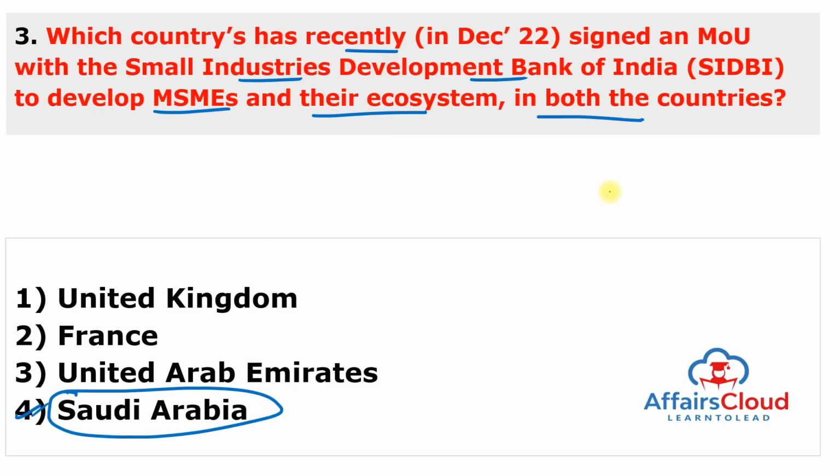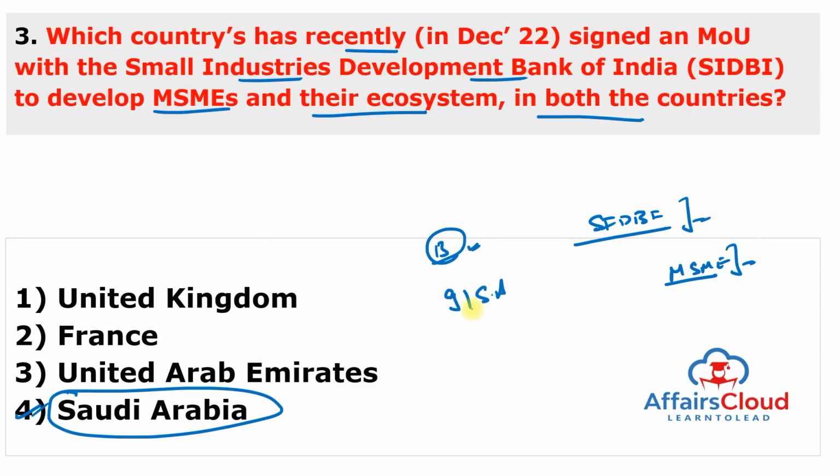So an MOU has been signed between the SIDBI or Small Industries Development Bank of India and the Small and Medium Enterprises General Authority of the Kingdom of Saudi Arabia to develop micro, small and medium enterprises and their ecosystem in both the countries. It is a part of the bilateral initiative to improve the diplomatic relations between India and Saudi Arabia. And under this MOU, both sides will explore and collaborate on matters of common interest.